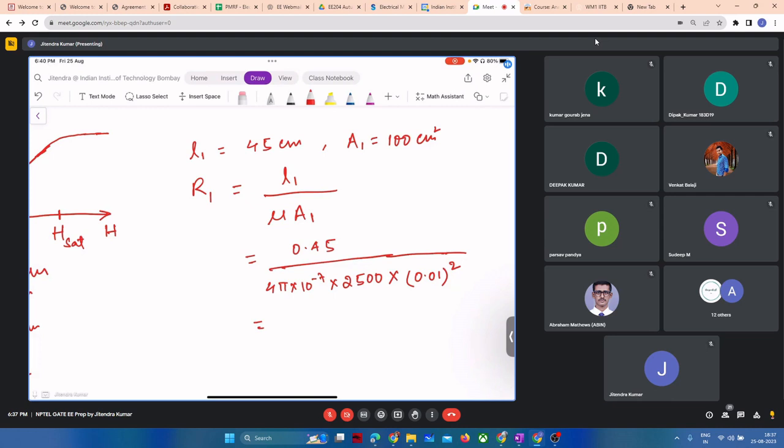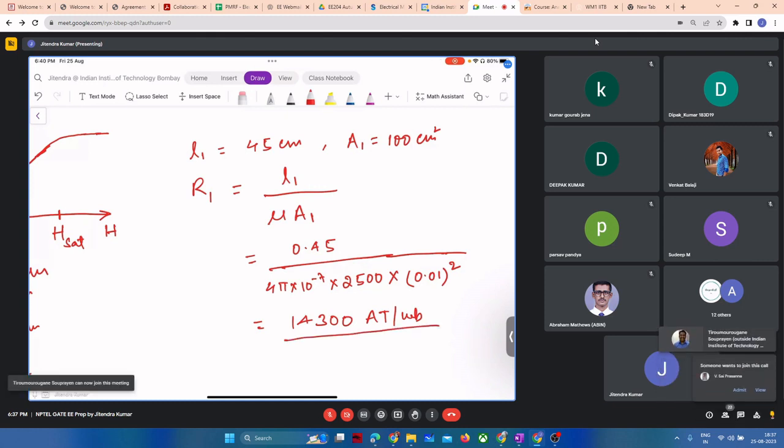It will come out to be 14,300 ampere turns per Weber. Am I correct?